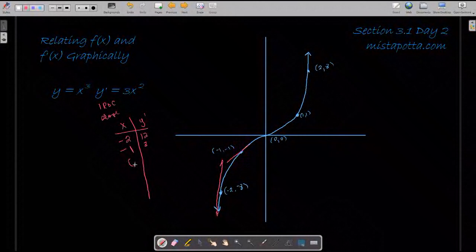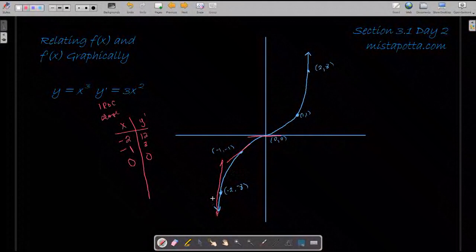And x is 0. That gives us 3 times 0 squared, or 0, which means we have a horizontal tangent here. And this is one of those peculiar situations where the tangent line actually passes through the graph. But that's because my curve is starting to flatten out.